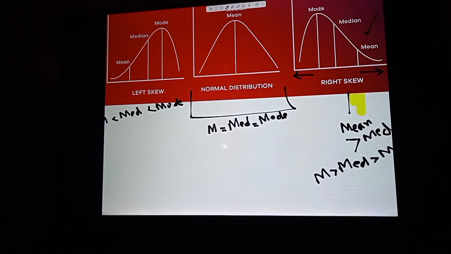So here are three graphical situations. This is one situation called right skewed. This is another situation called normal distribution, and this is the third situation called left skewed distribution.